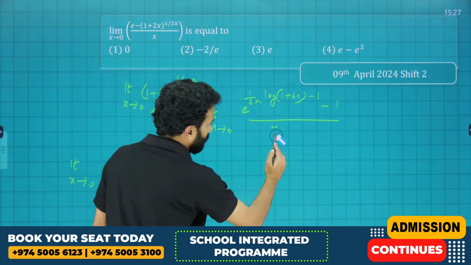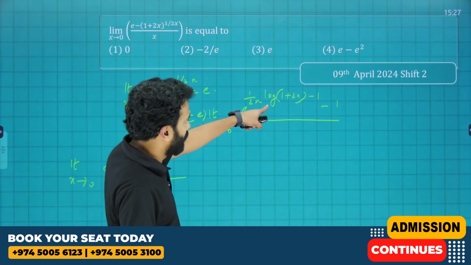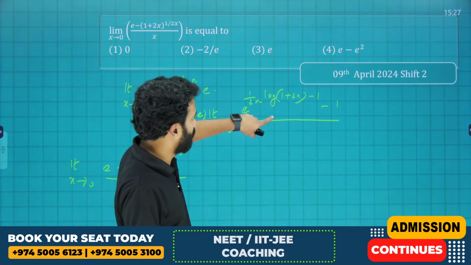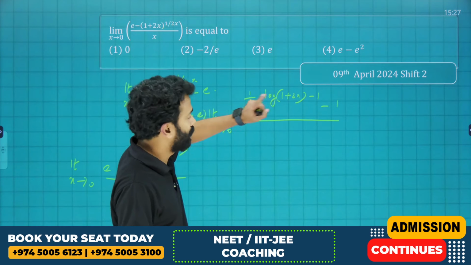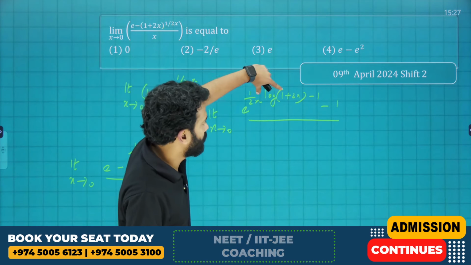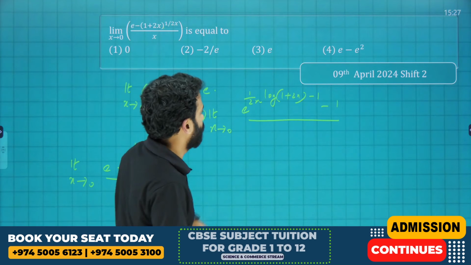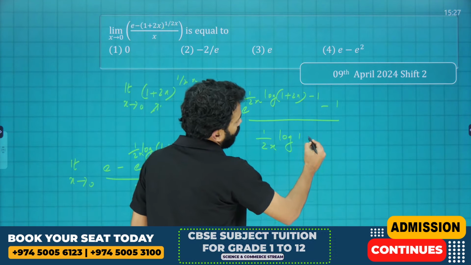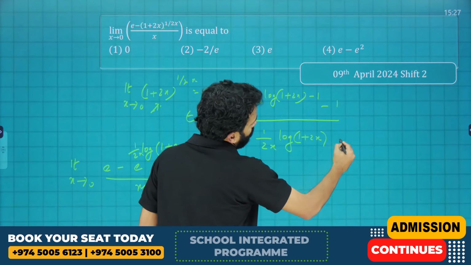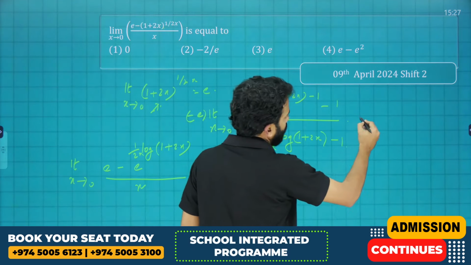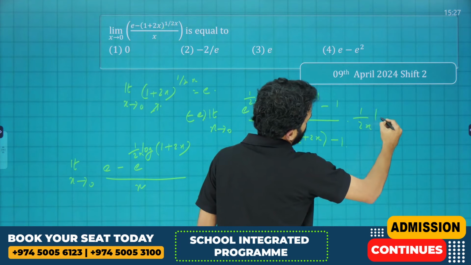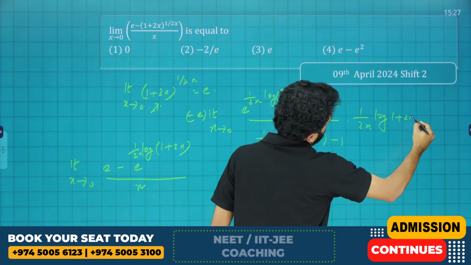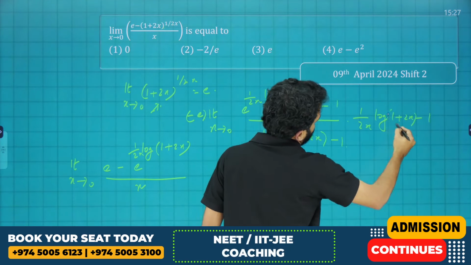So listen, if it is like this, then how will you formulate this? There is a general formula in board examination which you have studied. Whatever is here, it should be assigned here as well. Therefore here it should be 1 by 2x into log (1 plus 2x) minus 1, so in here as well, that is 1 by 2x into log (1 plus 2x) minus 1.